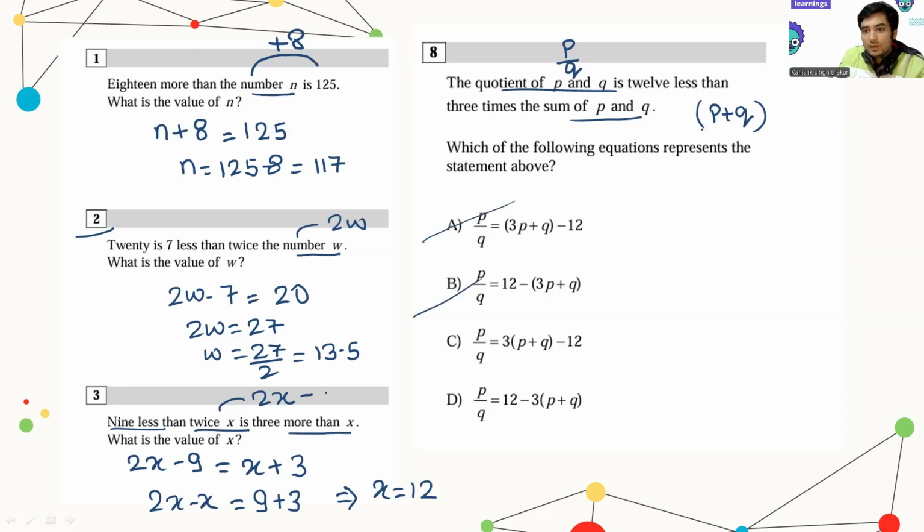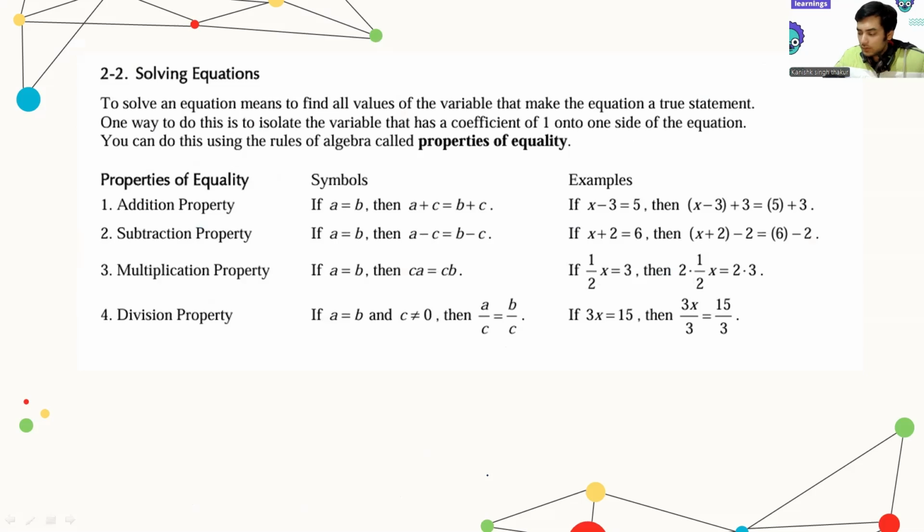Now 3 times p plus q is 12 less than 3 times p plus q. So what is it? P over q is equal to 3 times p plus q, take away 12. Fine. Right. So we have done this question. I'll send you more questions for your practice.